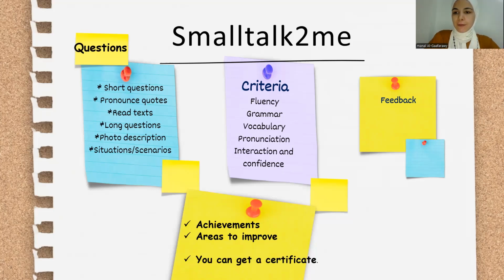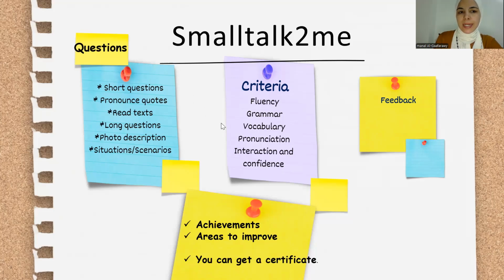So for example, after working on input resources from the VOA or the British Council Learn English, I may go to Smalltalk and go through the process of the speaking tasks in order to practice and apply what I newly learned. For the types of questions that you can find on Smalltalk2me, you'll find short questions. So you need to respond to short questions, like for example, how are you today?